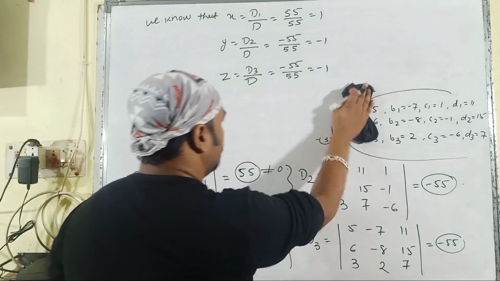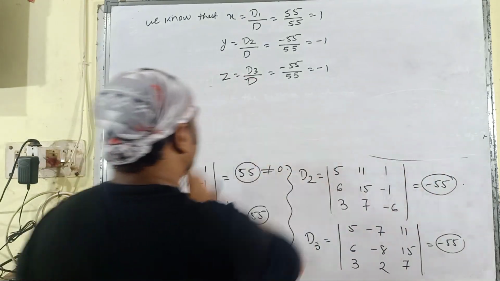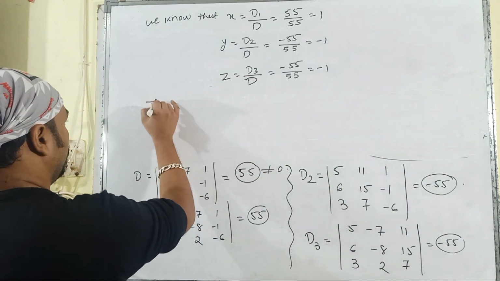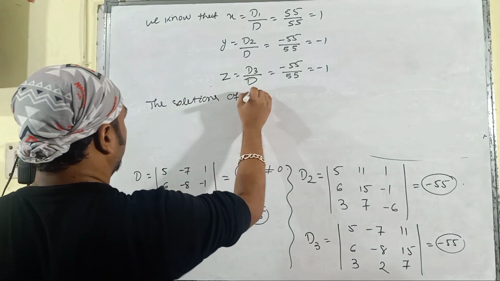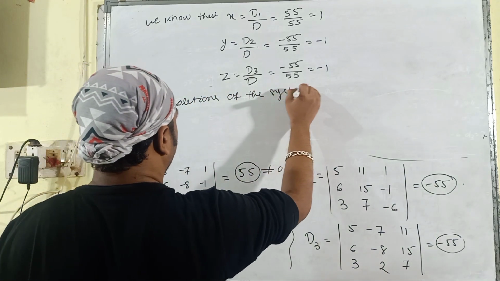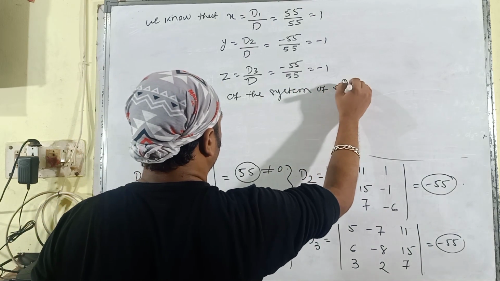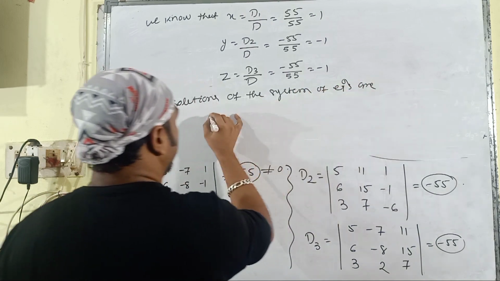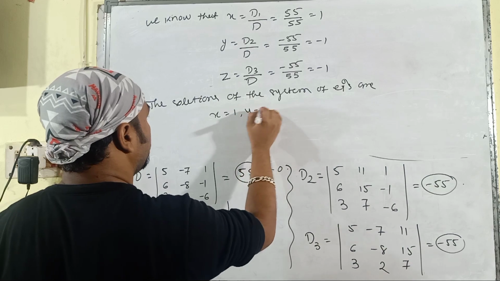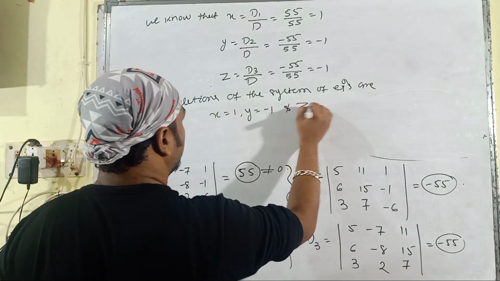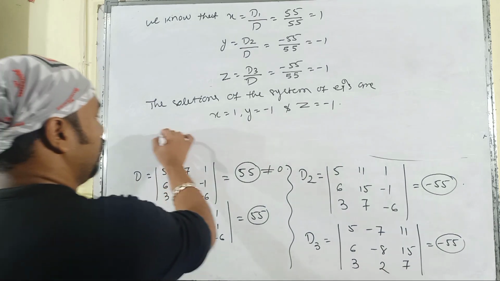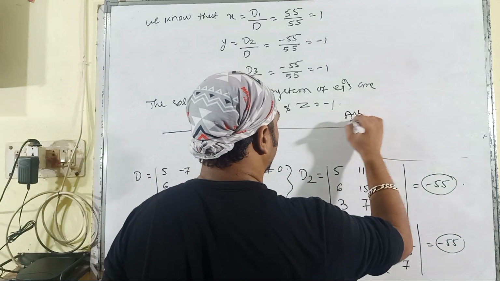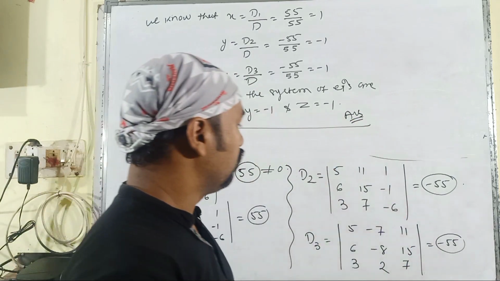Now the last step is here, the solutions of the system of equations are x is equal to 1, y is equal to minus 1 and z is equal to minus 1. And this is the answer for the given problem number 2.